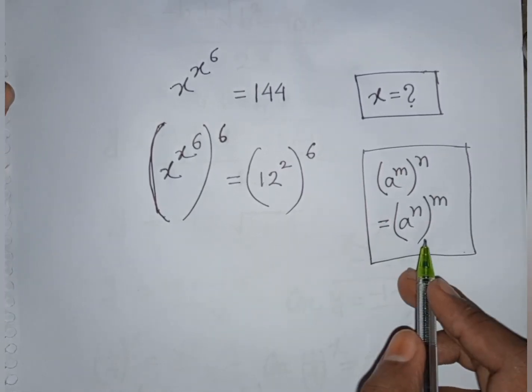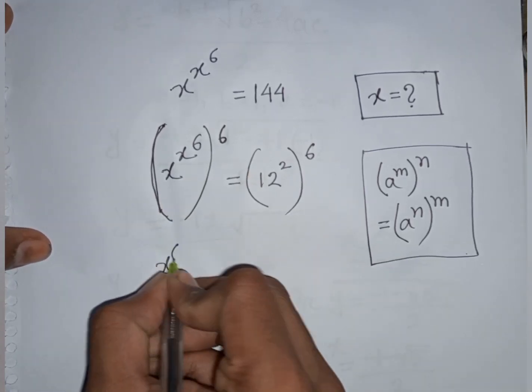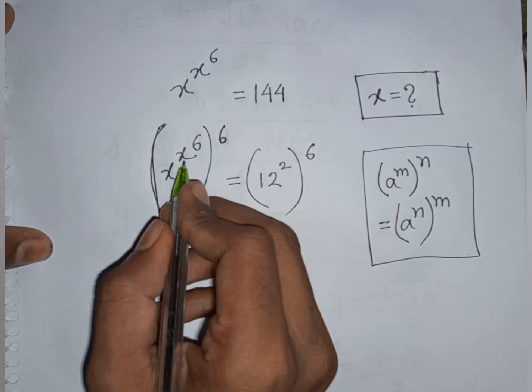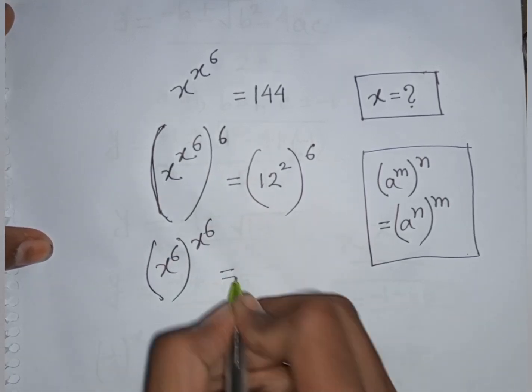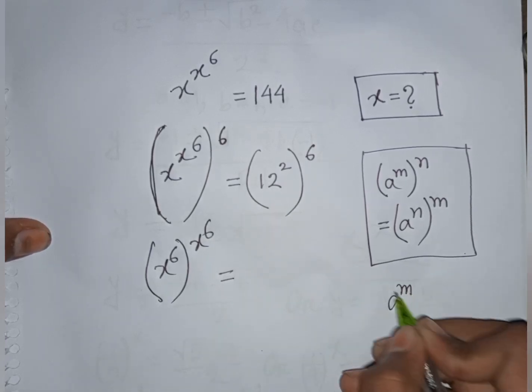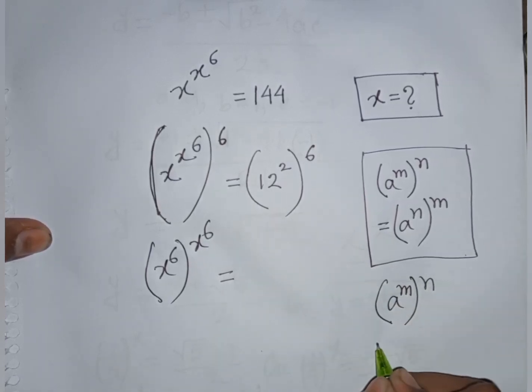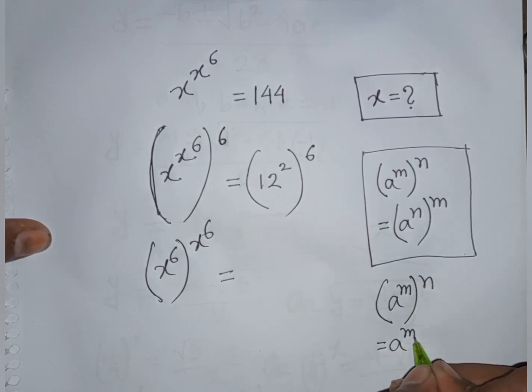So according to this rule, you can write x power 6, then bracket power of x to the power 6, is equal to, here you can apply this formula, a power m bracket power n is equal to a power of m times n.